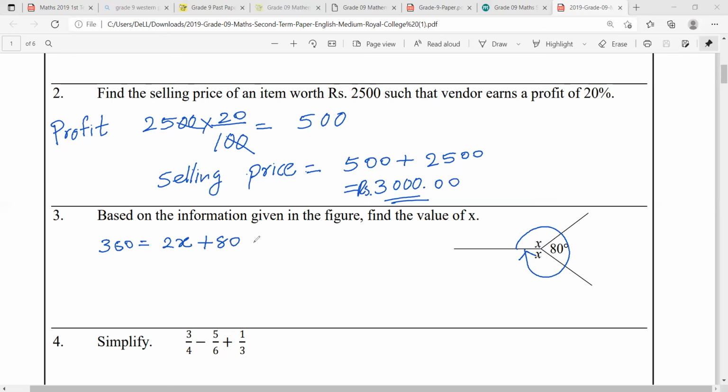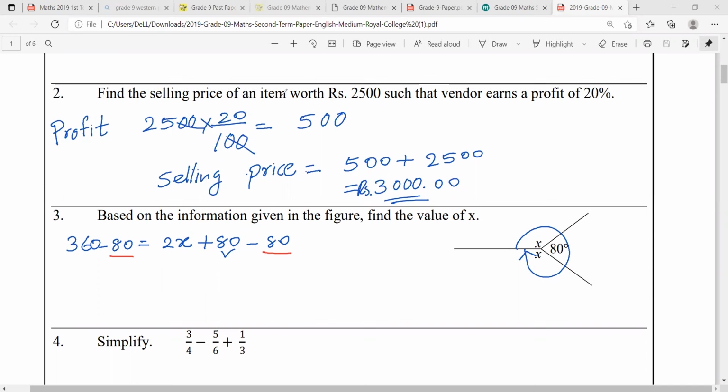From this equation, you can subtract 80 to cancel out this 80. If you do this, you have to do the same thing to the other side, so subtract 80 from both sides, right?